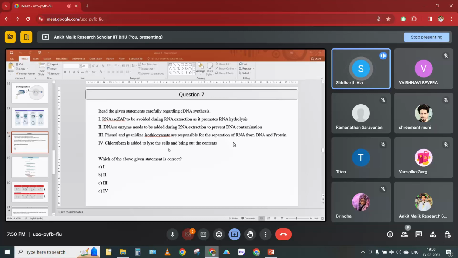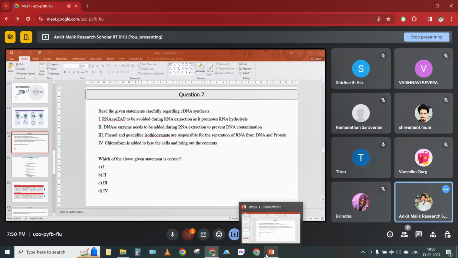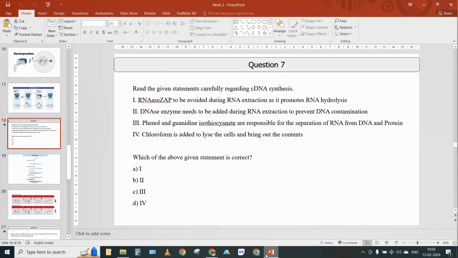For the RNA to function properly, the DNA contamination should be removed, whatever DNA is left over. Exactly, correct. So statement 2 is the correct one, which states that DNase enzymes need to be added during RNA extraction to prevent DNA contamination.